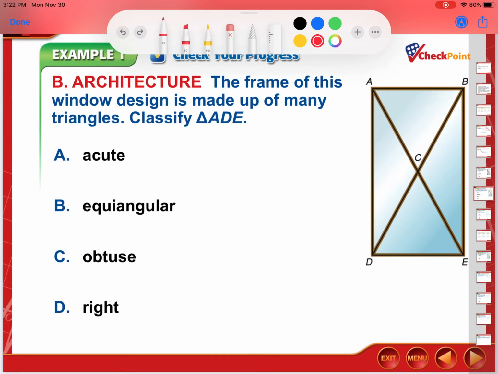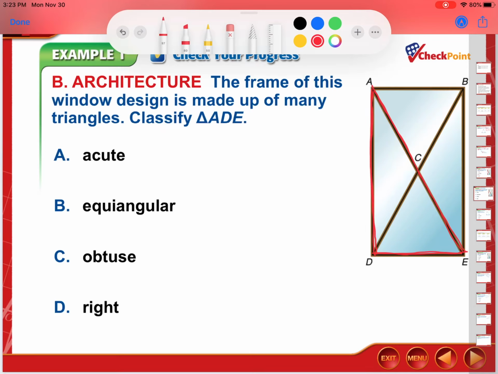So the frame of this window design is made up of many triangles. I thought it said how many, and I was like, those answers don't make sense. So triangle ADE is the one we're classifying now. So this is another great example of my anger towards the textbook company.